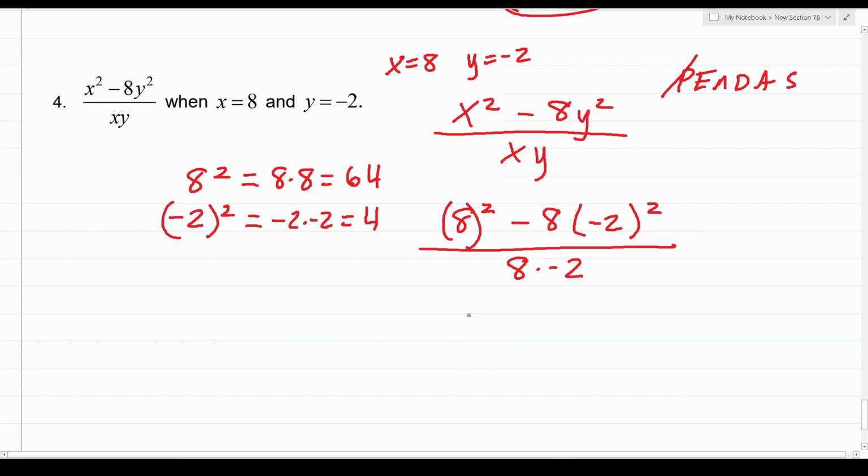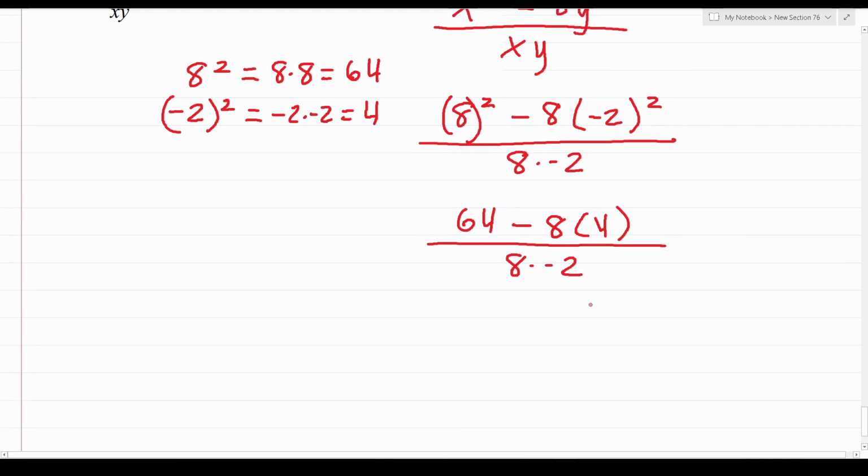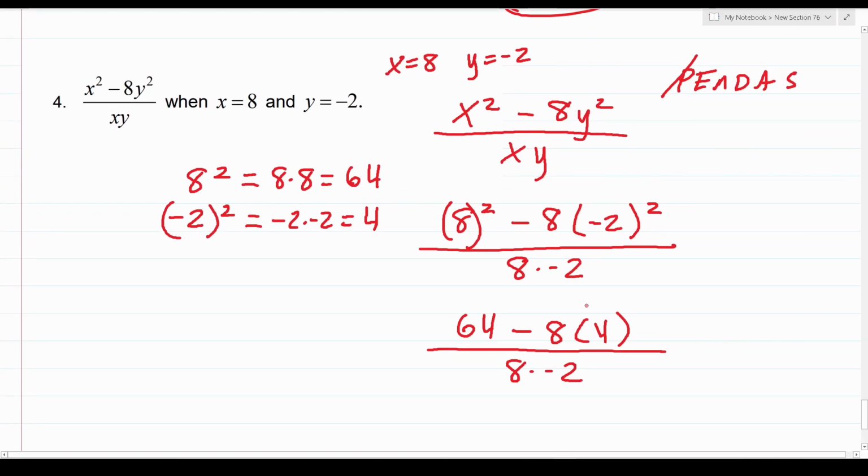All right, so this becomes 64 minus 8 times 4 over 8 times negative 2. All right, so what do we have left? We took care of our exponents. We have subtraction, multiplication, and multiplication.